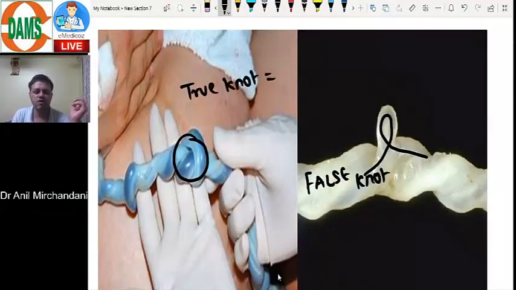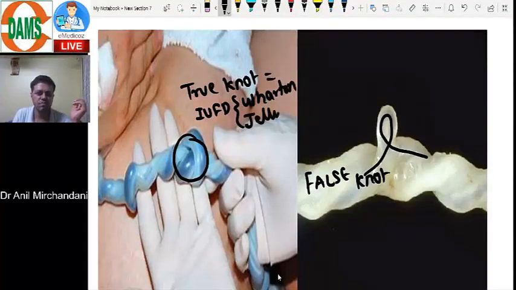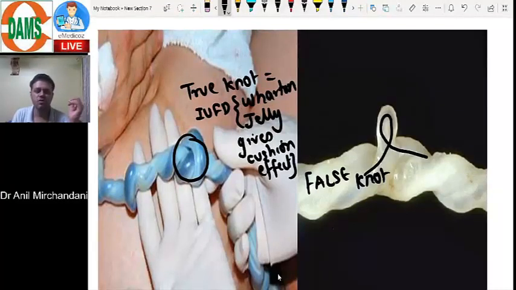True knot is dangerous. True knot can cause intrauterine fetal death. But thankfully there is a jelly called Wharton's jelly, which gives a cushion effect. So true knot can cause IFD, nobody can deny that, but Wharton's jelly gives a cushioning effect, and that is why the baby gets the protection.